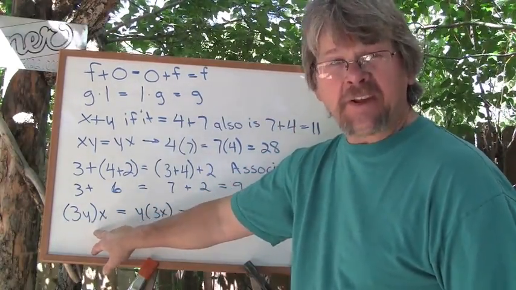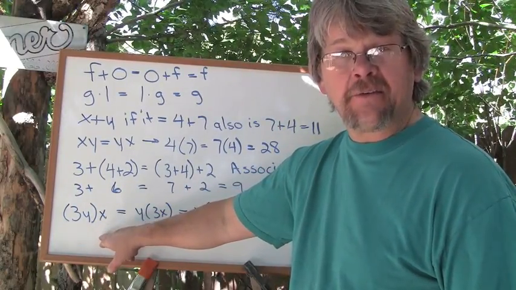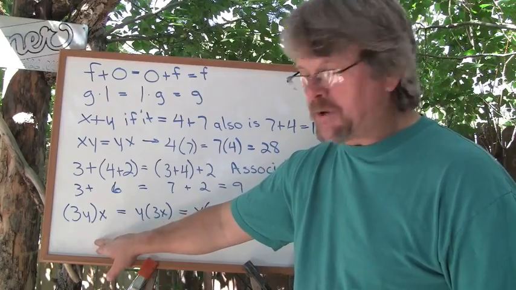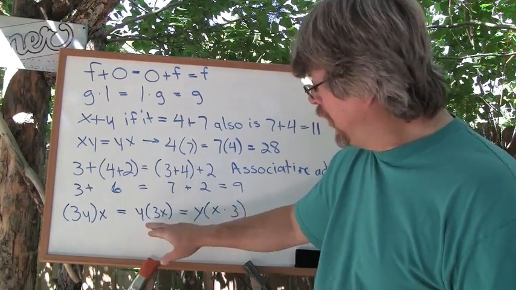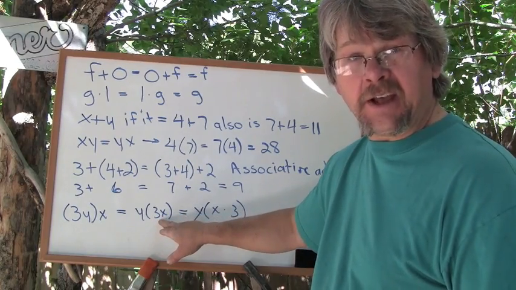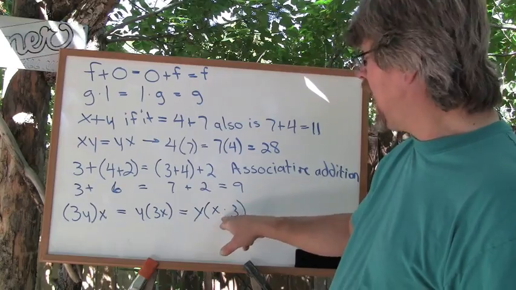And it works the exact same way with addition as it does with multiplication. 3y times x. Now you group 3 and y together and then multiply x. This is exactly equivalent to y times the group of 3x together. This is y times x times 3.